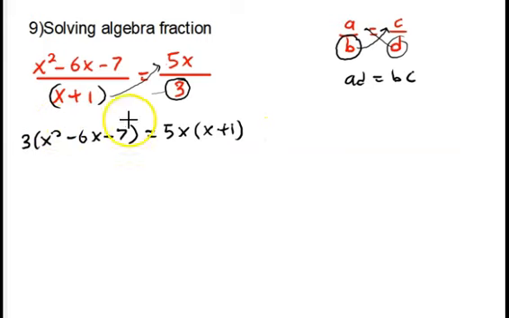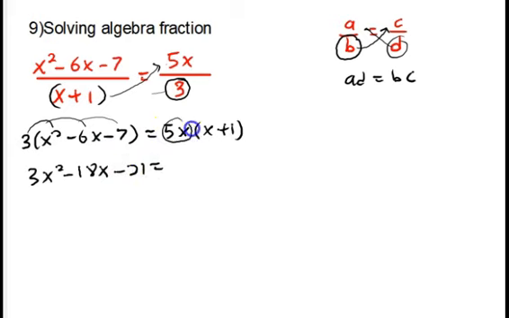We just have to expand this. So here we got 3x squared, minus 18x and also -21, and please expand this as well, so here we got 5x squared plus 5x.